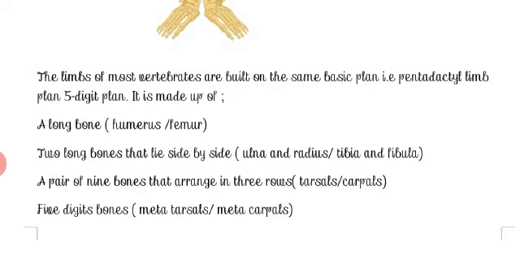After that one, you have 2 long bones that lie side by side. We have ulna and radius in the case of your forelimb, that is our hand, and we have tibia and fibula in the case of our hind limb, that is our leg.